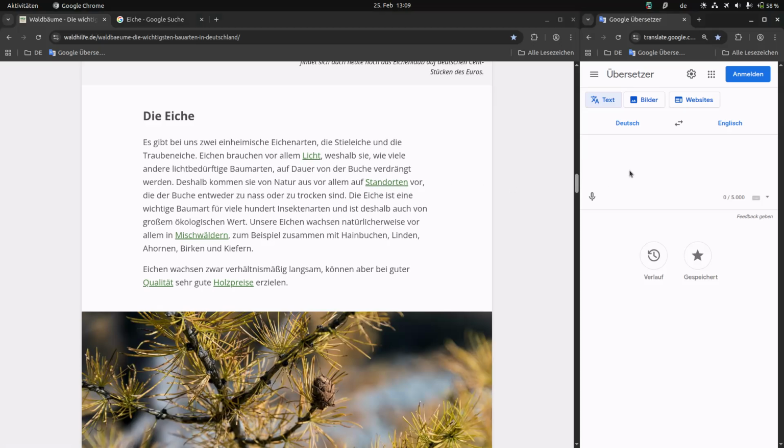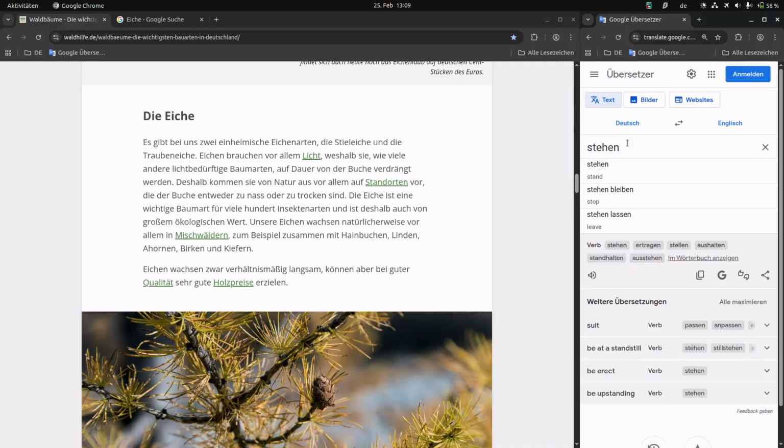Standorten is derived from the word stehen, which means to stand. I'm trying to show you how this is built.